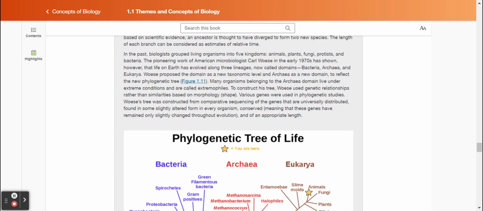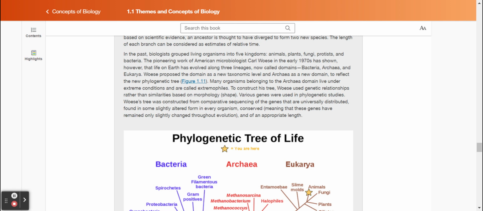In the past, biologists grouped living organisms into 5 kingdoms: plants, animal, fungi, protists, and bacteria. The pioneering work of American microbiologist Carl Woese in the early 1970s has shown, however, that life on Earth has evolved along 3 lineages, now called domains: Bacteria, Archaea, and Eukarya.